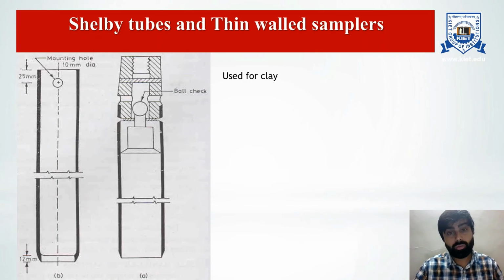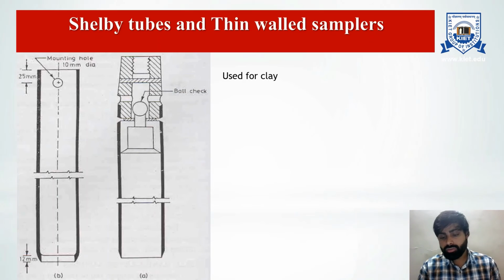Next is the Shelby tube and thin wall sampler. These samplers are used to take undisturbed soil samples. Shelby tubes are thin wall tube samplers made of seamless steel, and they are used for clay. The outside diameter of the tube may be between 40 to 125 mm.